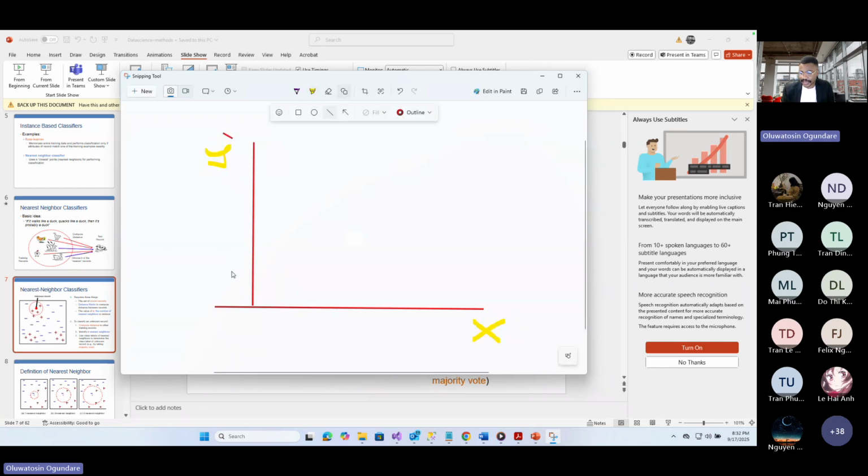So this is the plane, and think about just any line here, and I wish I could change the color of this line.